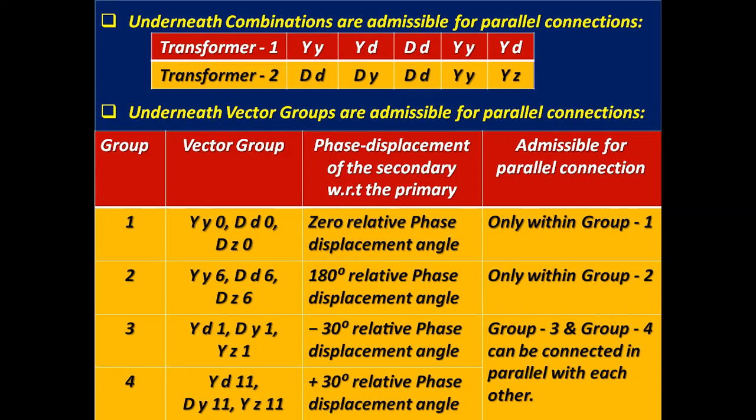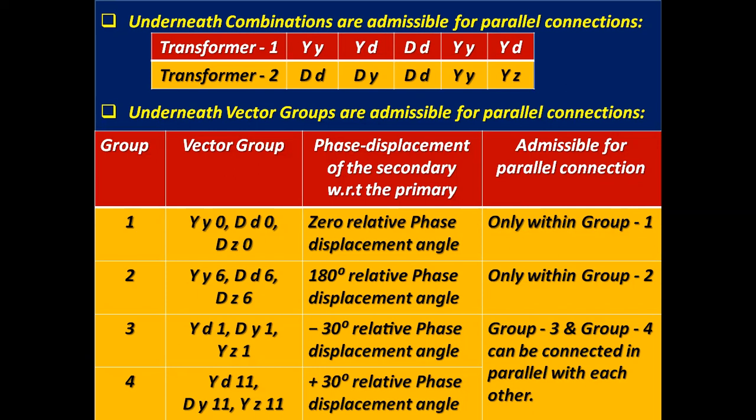Phase displacement of the secondary with respect to the primary, zero relative phase displacement angle, and admissible for parallel connection only within the group itself, that is group 1. Group 2, star star 6, delta delta 6, delta Z 6, that is 180-degree relative phase displacement angle and admissible for parallel connection only within the group 2.